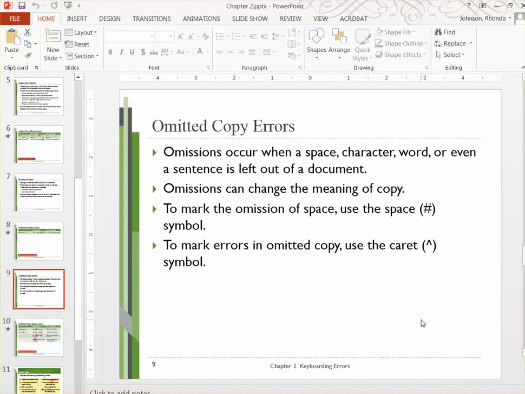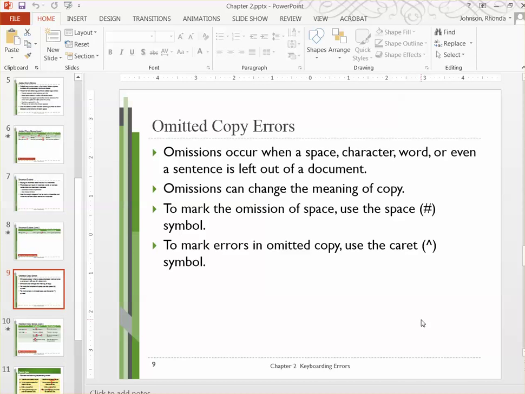And then omitted copy errors. So omissions, that would be meaning that something should be there, but it's not. So here it says, occurs when a space, a character, a word, or a sentence is left out of a document. By omitting things, it can completely change the meaning of a sentence.